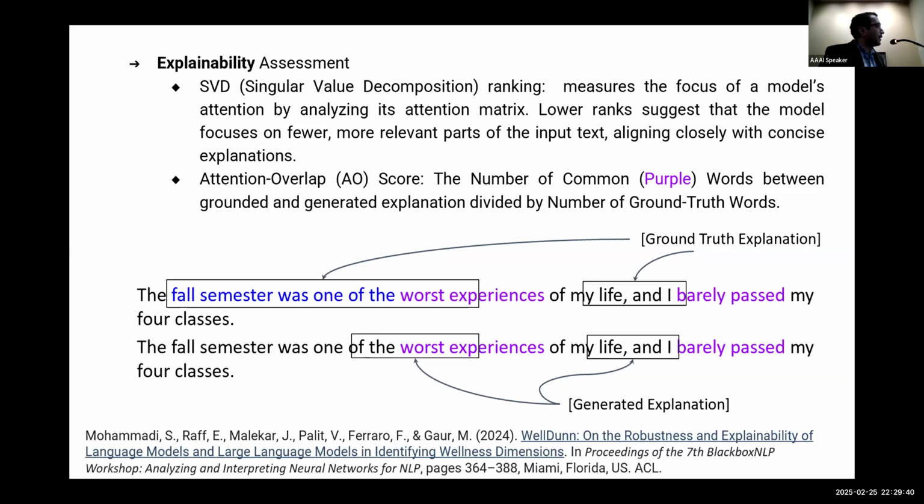For attention overlap score, simply we take the number of common words between the grounded and generated explanation divided by the total number of grounded truth words.